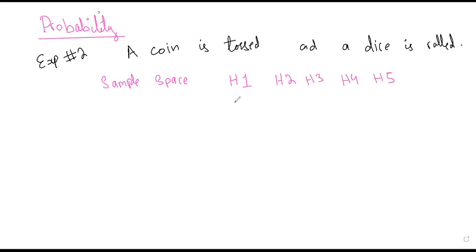And it could be that you were getting tails with 1 on the dice, tails with 2, tails with 3, tails with 4, tails with 5, and we have missed one, heads with 6, and tails with 6. Okay. This is going to be your sample space with 12 possibilities.